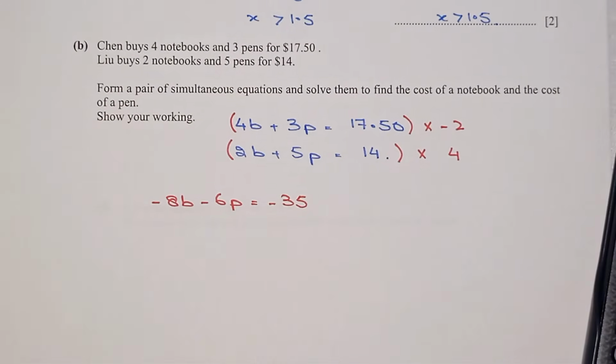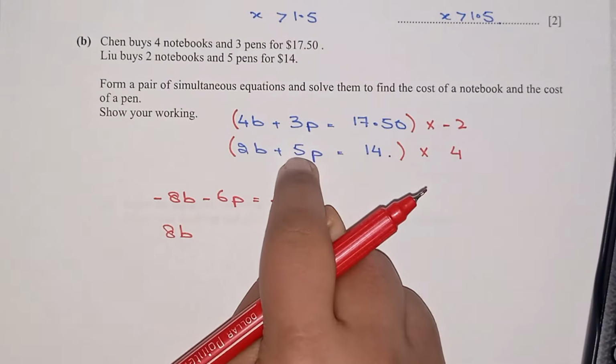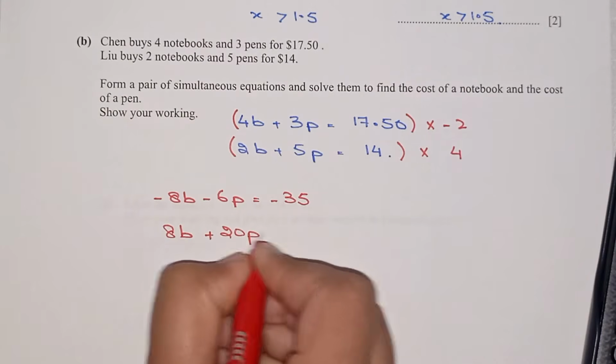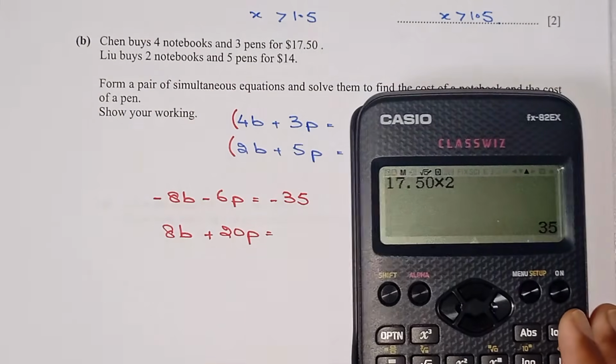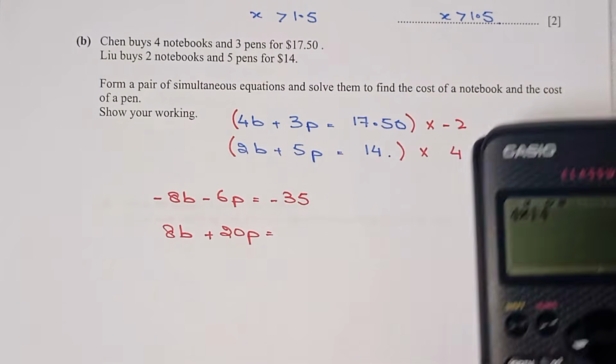Okay, now for the second, 2 times 4 is 8b. 4 times 5 would be 20p. This would be 14 times 4, which is 56.